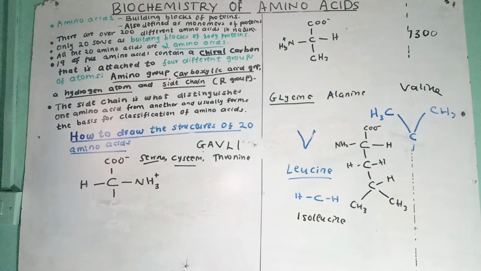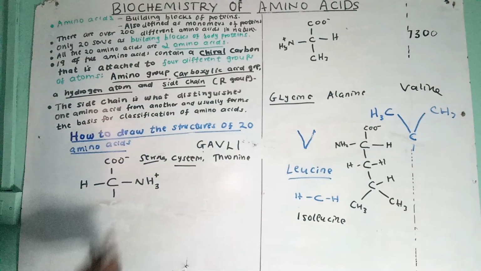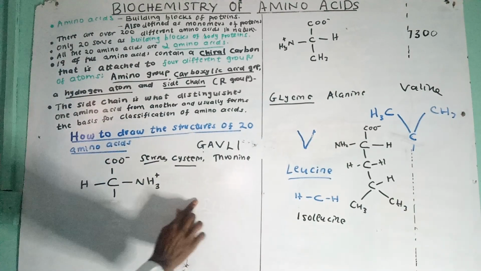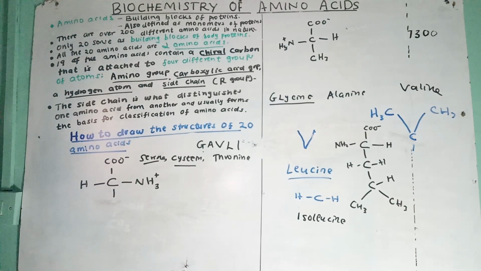We have some other amino acids that have got a benzene ring attached to them. So we are going to look at phenylalanine, tyrosine, and also tryptophan. Alanine is a very important amino acid.